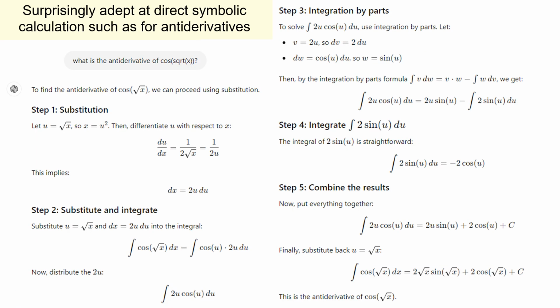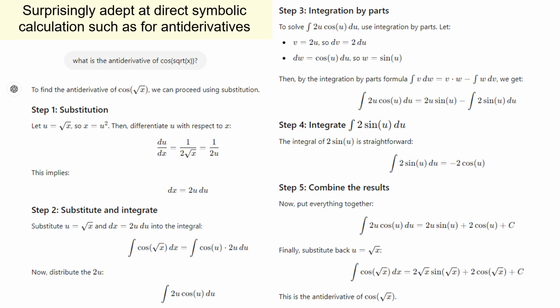It's surprisingly adept at direct symbolic calculation, such as for antiderivatives. In other words, if there is a very specific set of mechanical rules for doing a problem, ChatGPT tends to be pretty good at executing those. So here we find the antiderivative of cosine of square root of x.